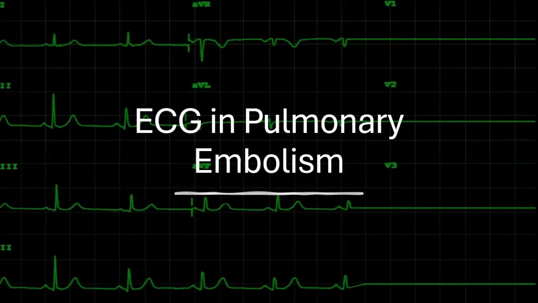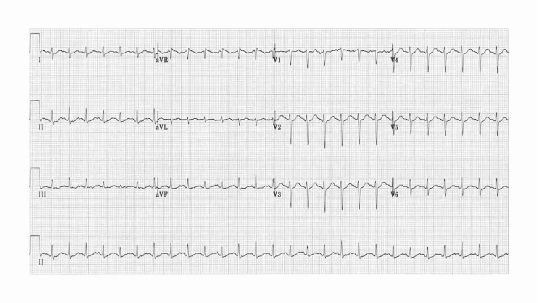So ECG is, I think, super important in your workup of your patient, and it will give you clues. Patients don't read the textbook, so the more data points we have to support our diagnosis of a suspected PE, the better. So sinus tachycardia, most common abnormality seen.